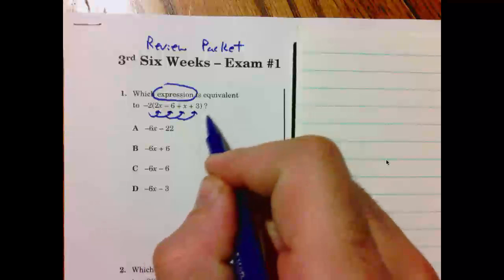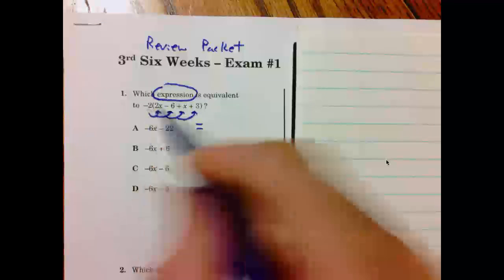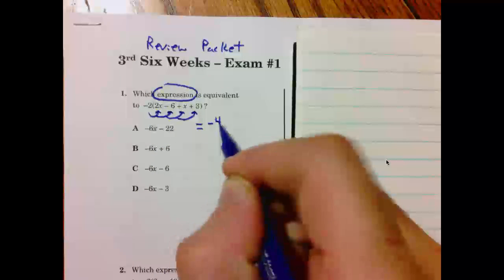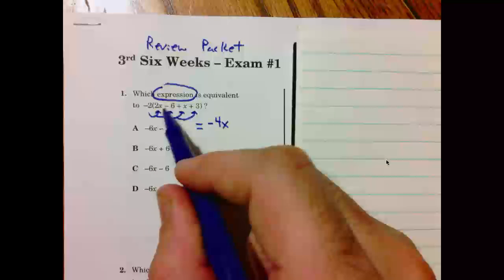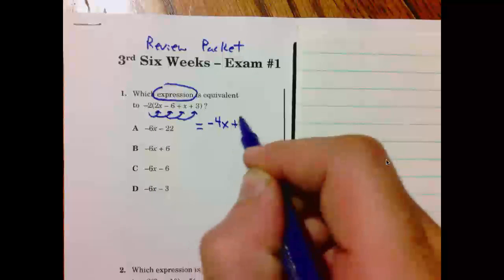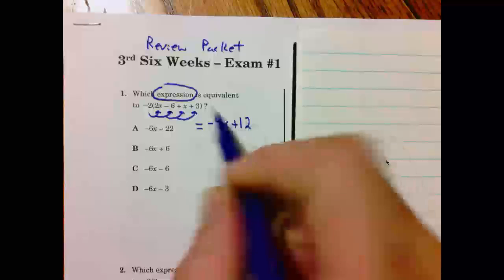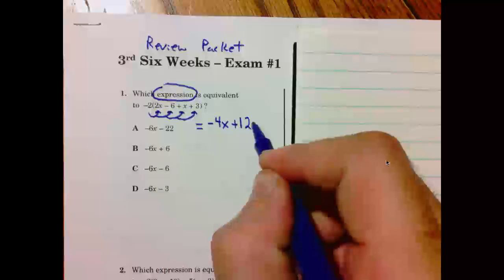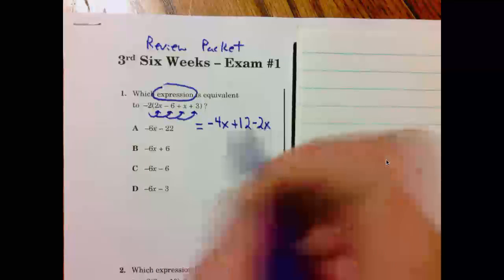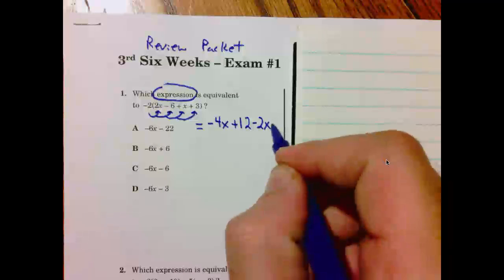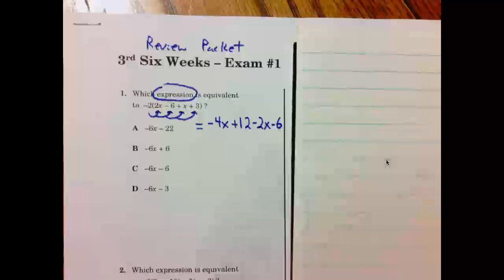So this will equal -2 times 2x will be a -4x. -2 times -6 will be a +12. -2 times x will be a -2x. And -2 times +3 will be a -6.